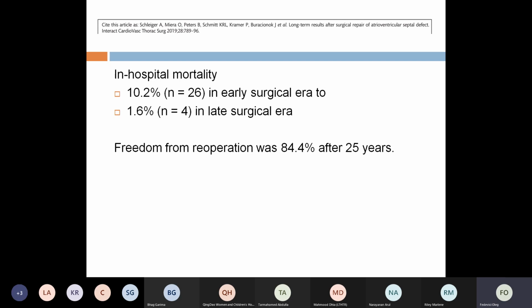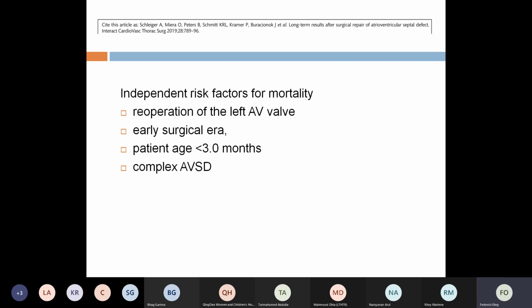Freedom from reoperation was about 85% after 25 years, and they defined risk factors for mortality: reoperation on the left AV valve, early surgical error, as I said, a patient age less than 3 months, and complex AVSD anatomy.